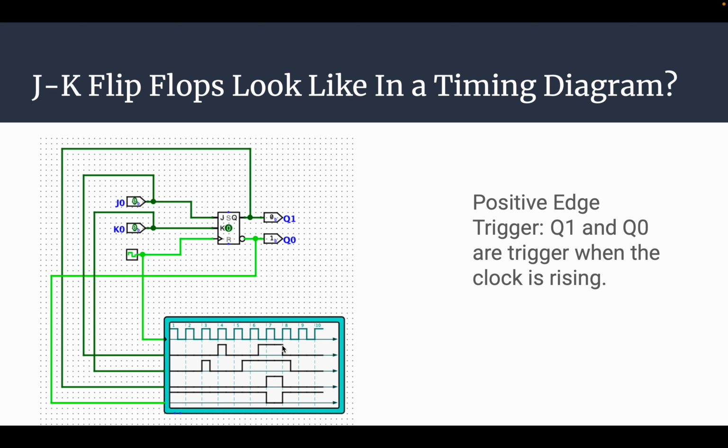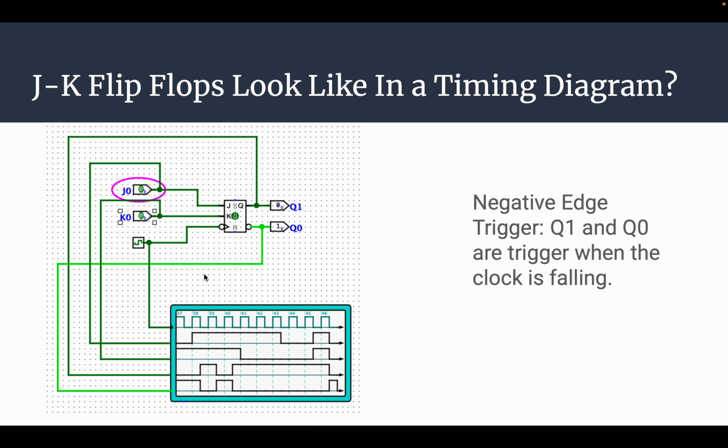As soon as the inputs change, the next falling edge right here is when it will change. And Q0 is always going to reflect the opposite of Q1 in this equation. The same thing goes over here.